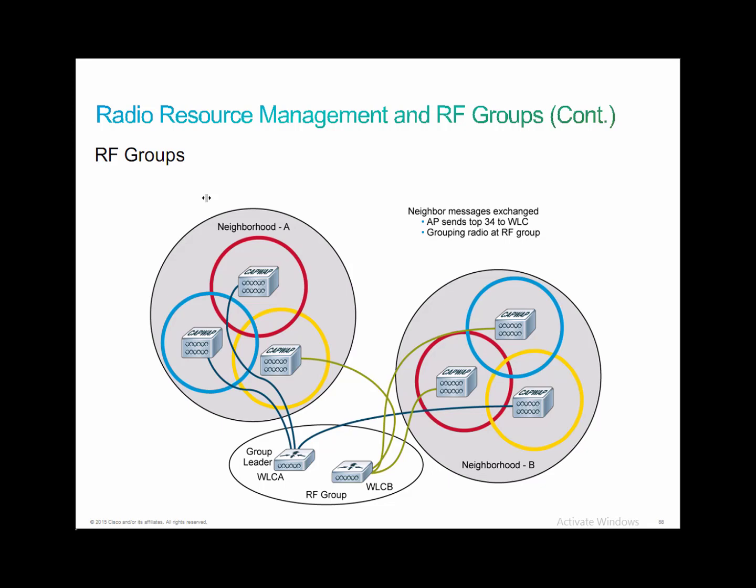You can see that in neighborhood A, this CAPWAP or lightweight access point is actually reporting back to wireless LAN controller B, whereas these two access points are reporting to controller A. And then over here, in neighborhood B, this access point is reporting over to controller A. So the neighborhood doesn't really have anything to do with what controller the AP is associated to. But we do maintain a list of up to 34 neighboring APs. Each controller then maintains a list of 24 neighbors per AP radio, and from those neighbor messages that are sent, we can maintain that information.